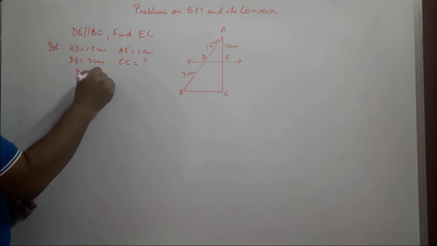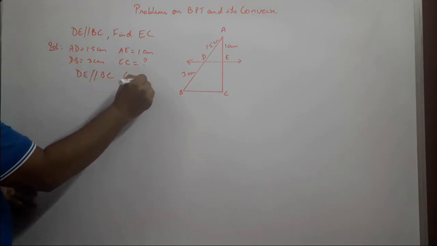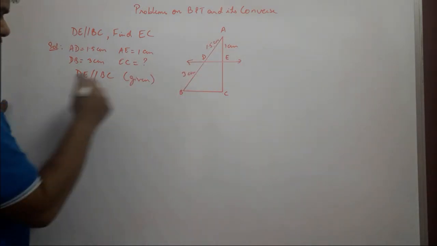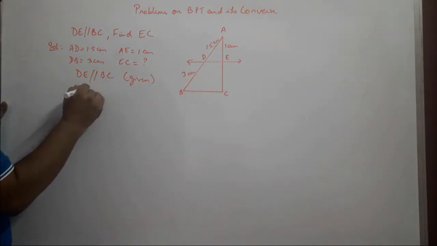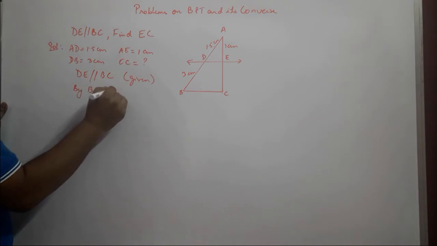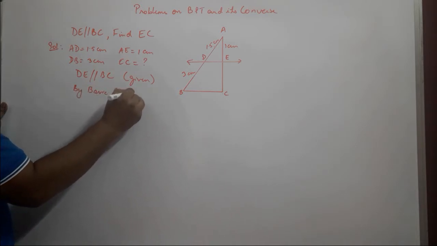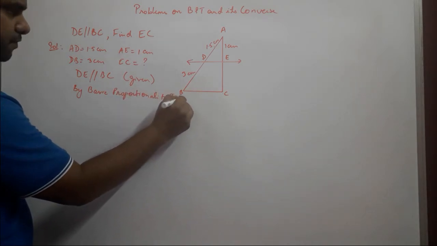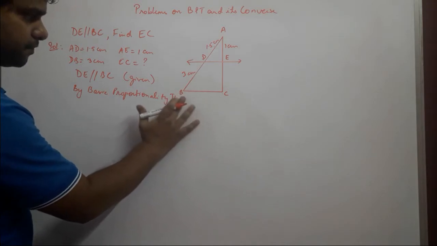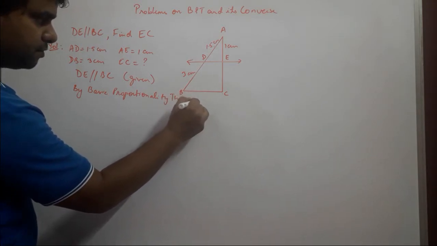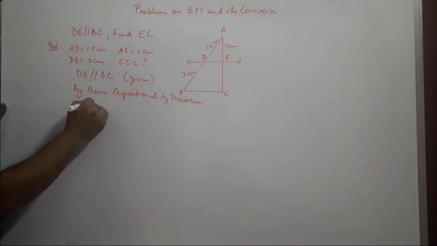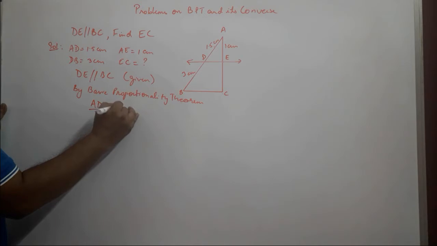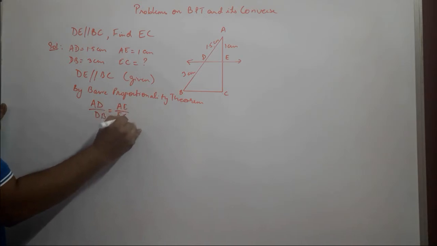Now DE is given parallel to BC. So if we use basic proportionality, we can divide this into ratios. So by basic proportionality theorem, we can say that AD upon DB is equal to AE upon EC.